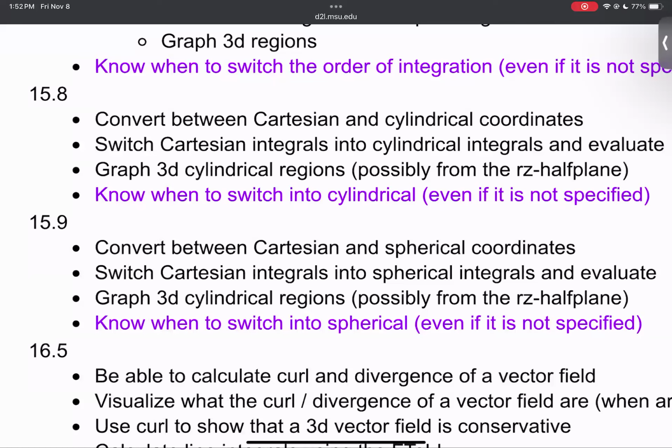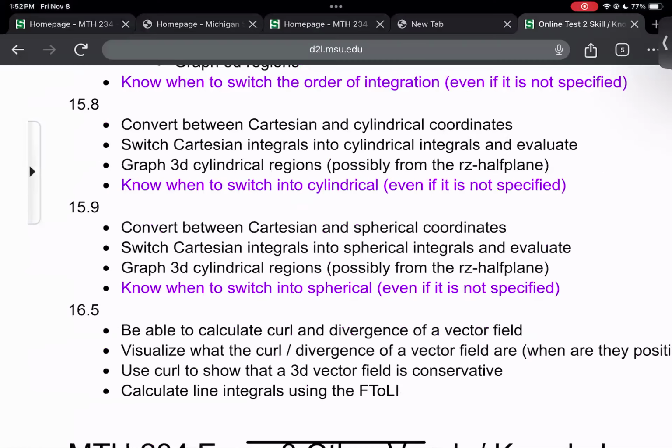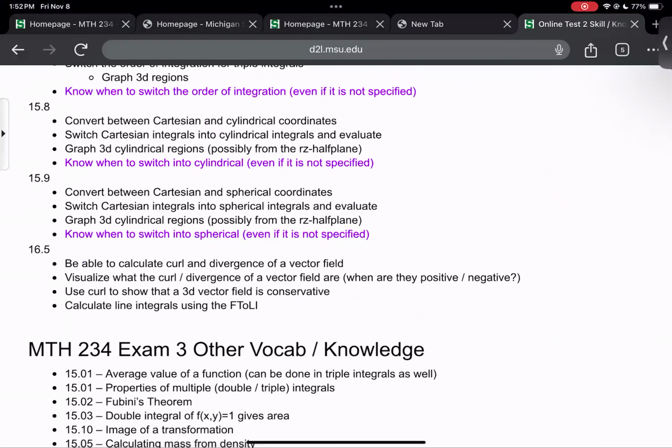And lastly, in purple here, you should have a general idea of when it's a good idea to integrate using spherical coordinates. Even if a problem does not say to use spherical integration, you should know that when you're inside of a sphere or part of a sphere, spherical integration is a good option, perhaps. These are the things that we're hoping to take away from today's lesson.